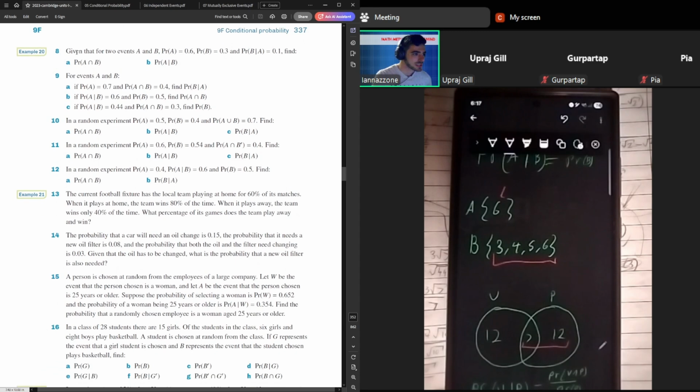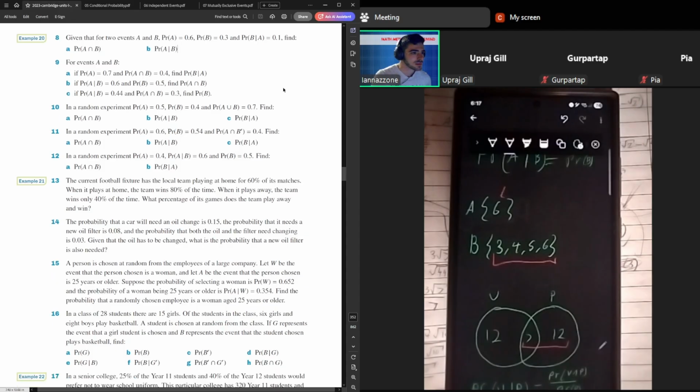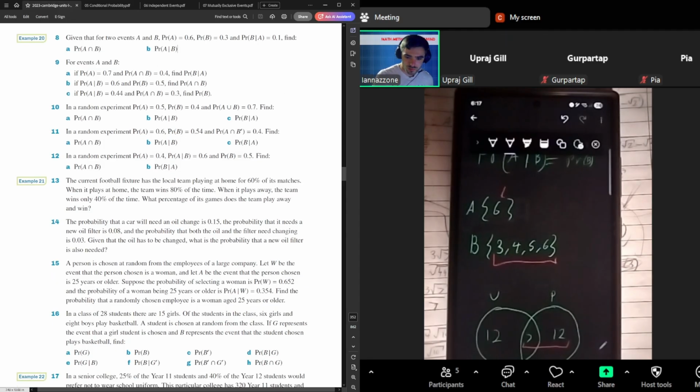Here we go. Some of these are random probability mishmashes. Let's give question 8 a shot. Put that in the chat. Q8.